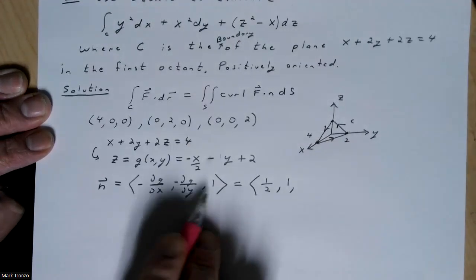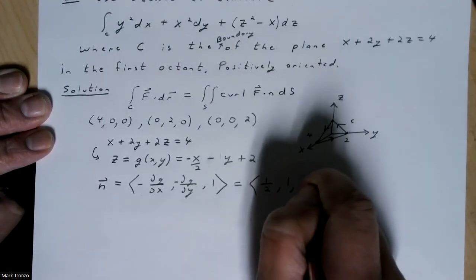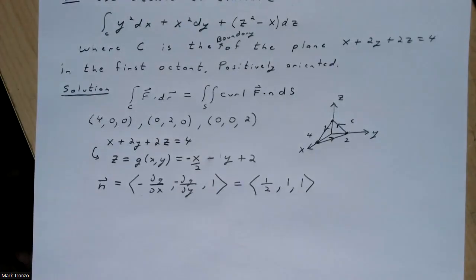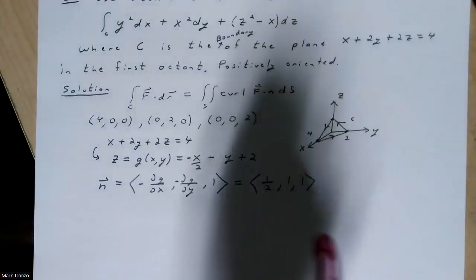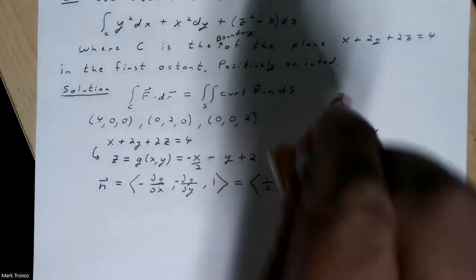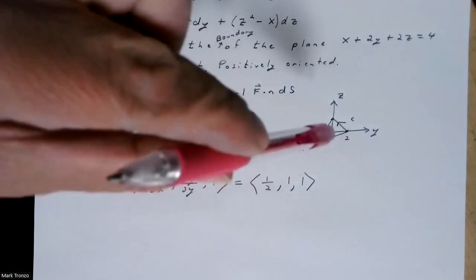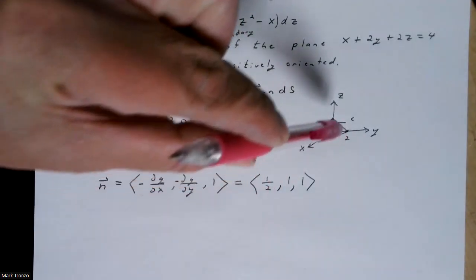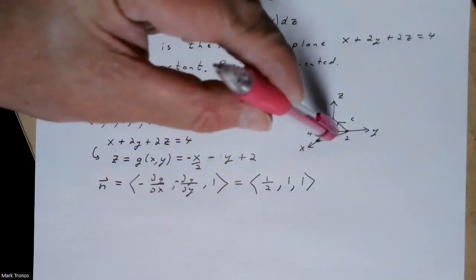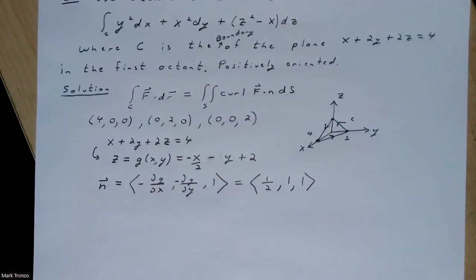And then finally, the last component on this is always 1. That's going to be our normal. And you can kind of think, oh, yeah, if all those components are positive, that sort of makes sense. That looks like it's going to be pointing upward, up and away from this surface, because those are all positive. So that's our normal.